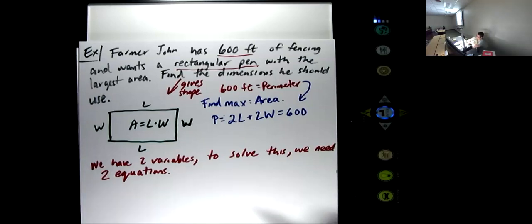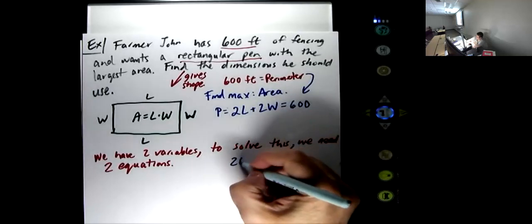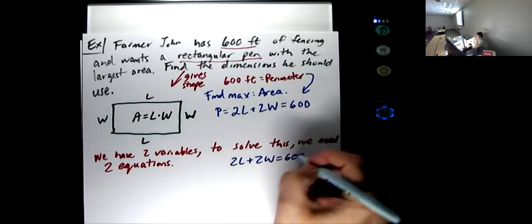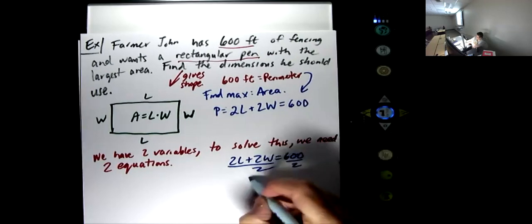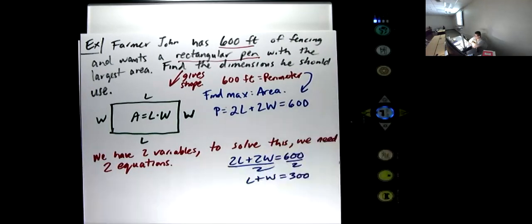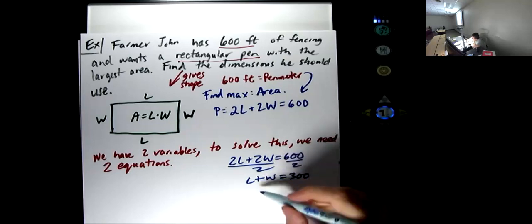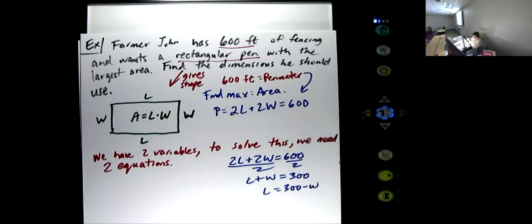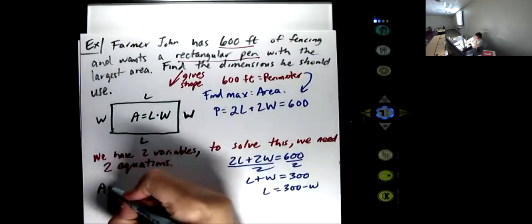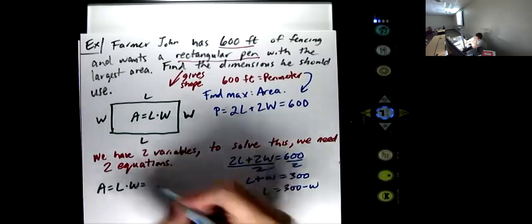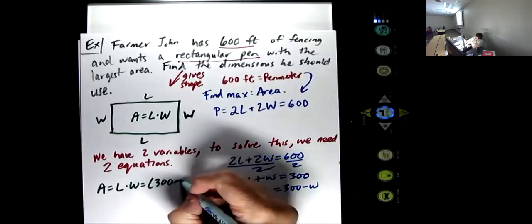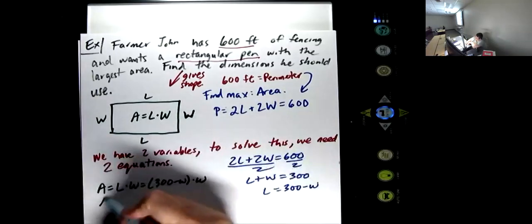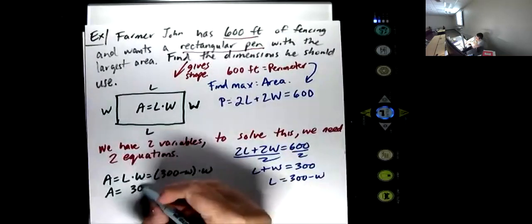So let's use that. We've got 2L plus 2W equals 600. I can divide by 2 and get L plus W equals 300. Let's solve for L: L equals 300 minus W. Now my area equation, L times W, becomes (300 minus W) times W, or A equals 300W minus W squared.